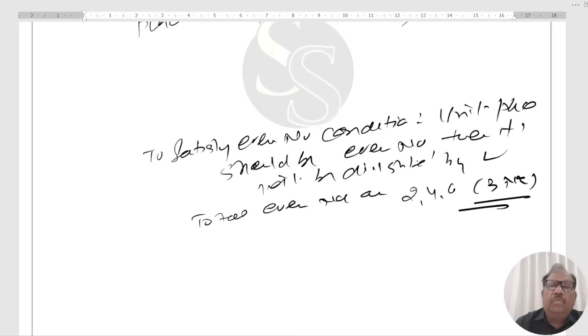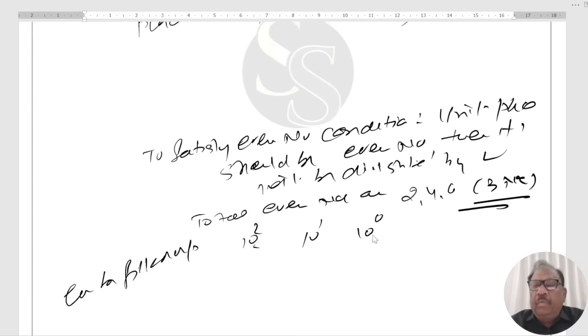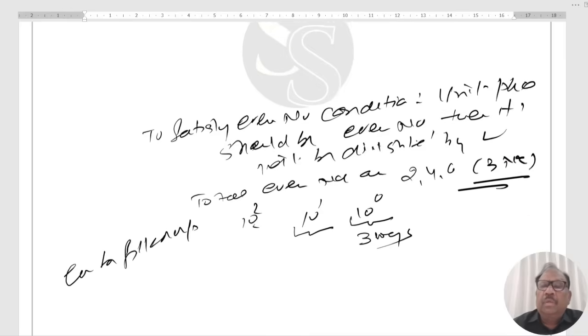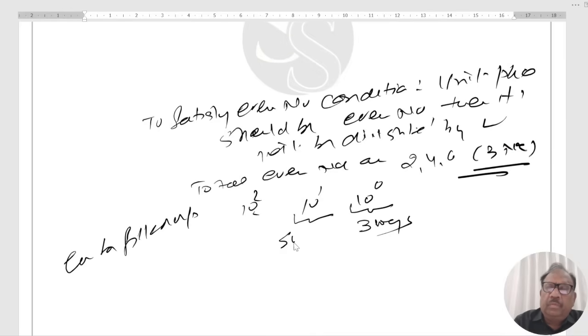Therefore, unit place, 10th place and 100th place can be filled up. First of all, we will fill up the unit place. 0 is not there, so we cannot worry about it. This can be filled up in three ways. One we utilize here. Total numbers are 6, so 5 ways, and then 4 ways.